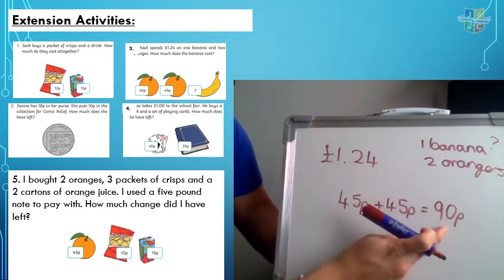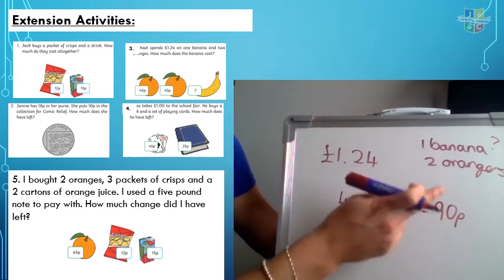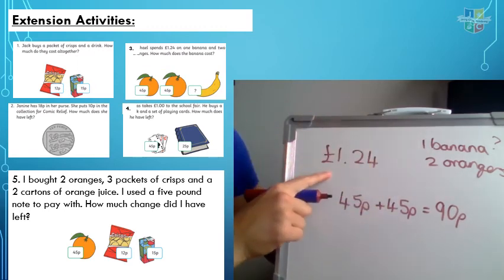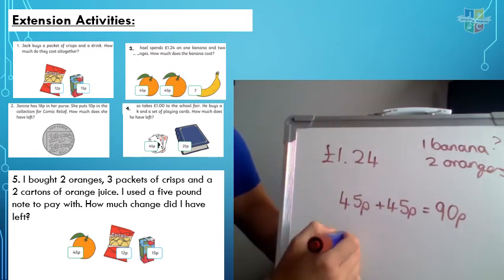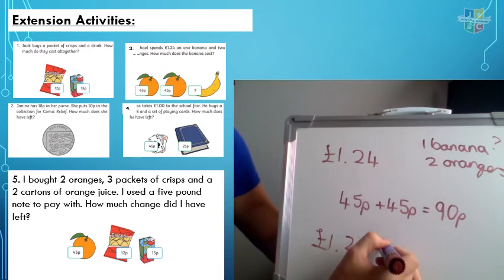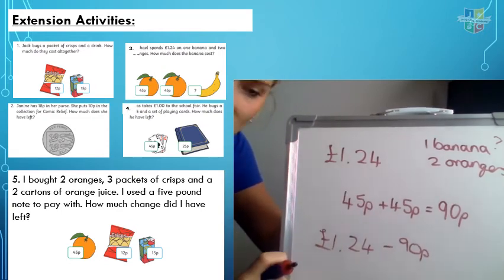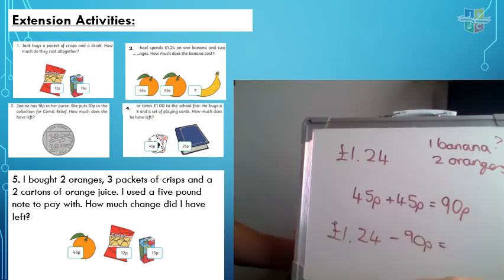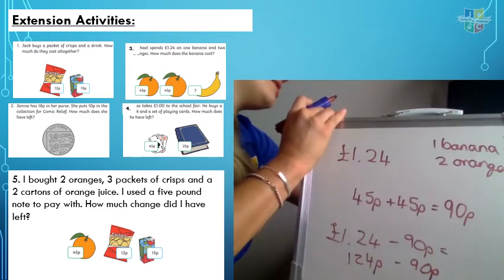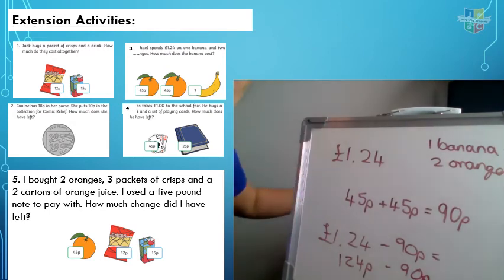Now, if 2 oranges cost 90 pence, I want to know what a banana costs. So if I know that he'd spent £1.24, I can take off 90 pence because this will tell me how much the banana costs. So in order to do this, you could have converted and done 124 pence take away 90 pence. However, another way that you could have done this one is counting.